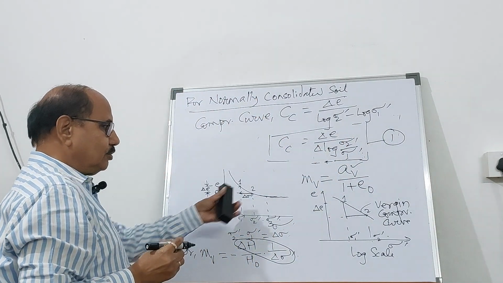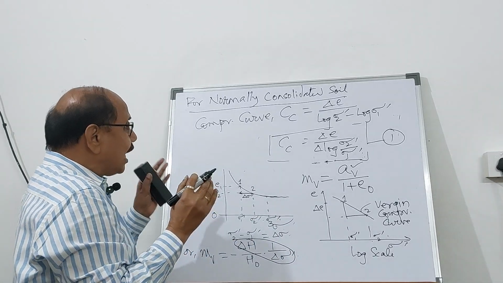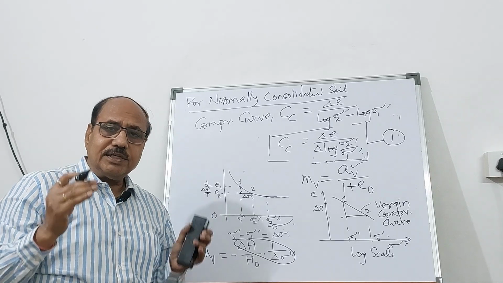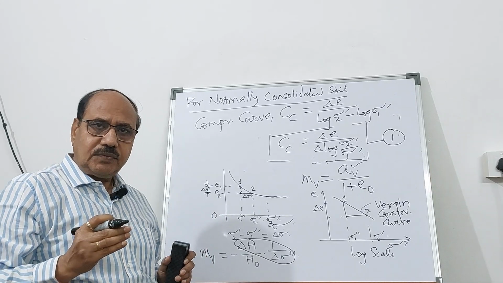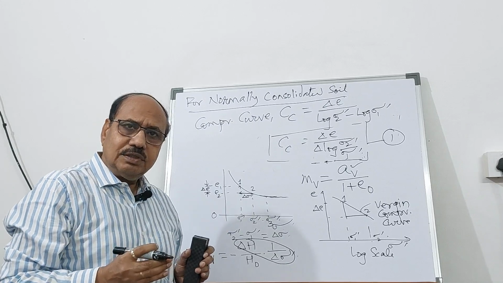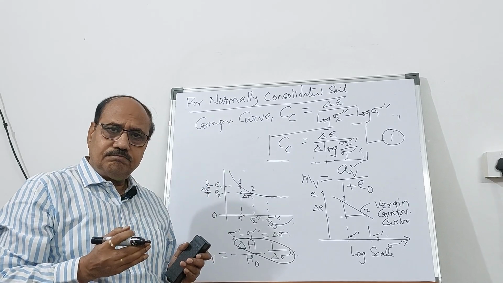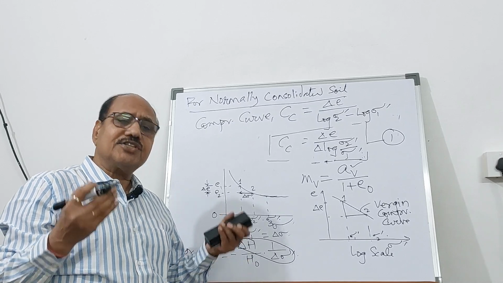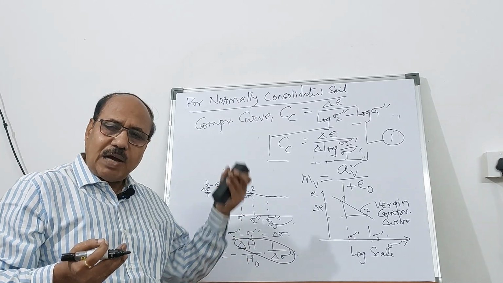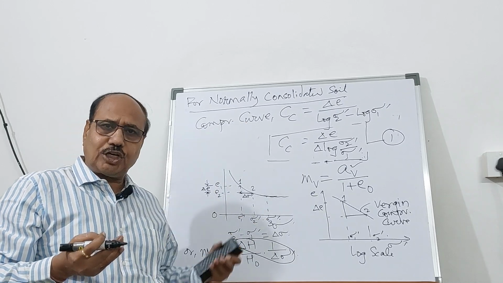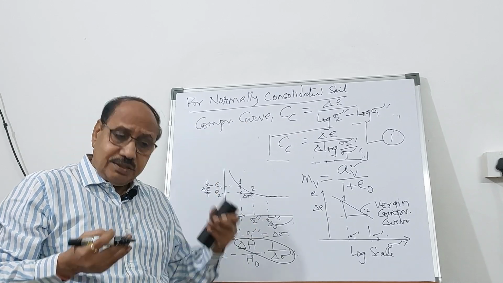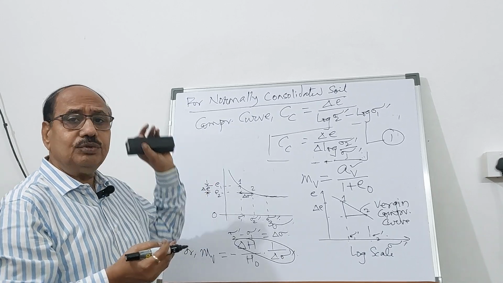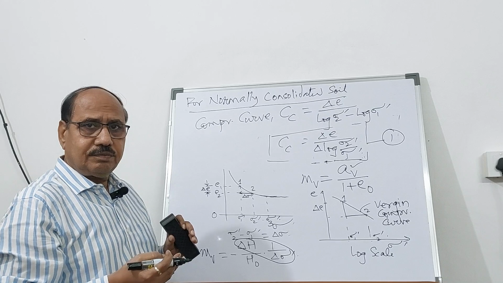Now, you see, if the soil has already been subjected to a very high pressure in the past, say the ground has been subjected to a very high pressure in the past. So if the stress history is such that in the past there was a monument or some structure already existing, which is not existing today, that means the soil in the past has been subjected to a very high pressure.